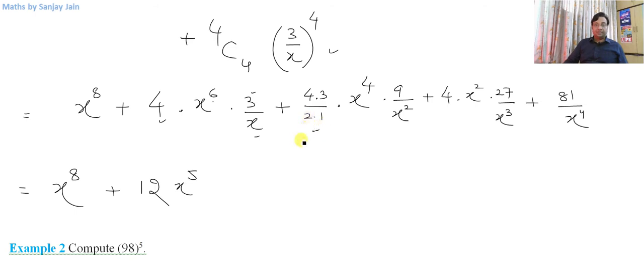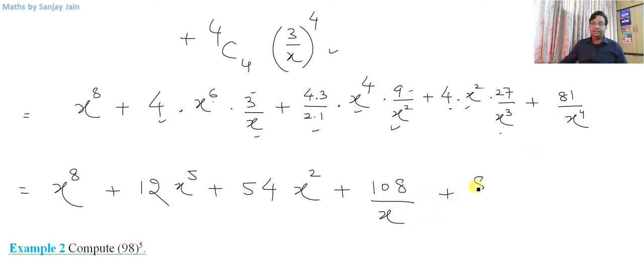Similarly this is 6, this is 9, so 6 into 9 is 54, and x^4 by x^2 leaves x^2 here. And 27 into 4 is 108, and x^2 by x^3 gives 108/x, plus 81/x^4.